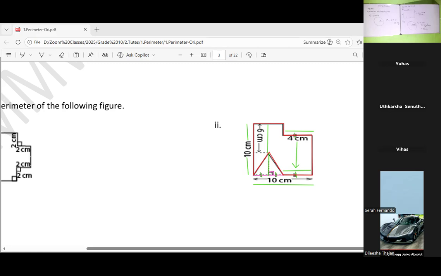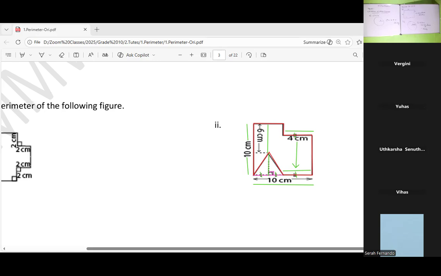Ilya is saying 85. Okay, let's see. Another 1.5 minutes remaining. Okay, Nilanda is saying 44.